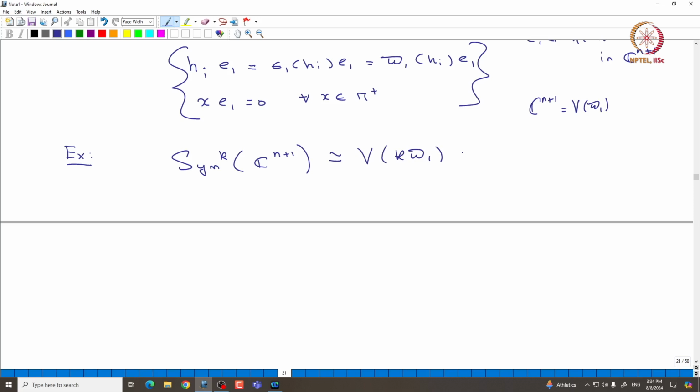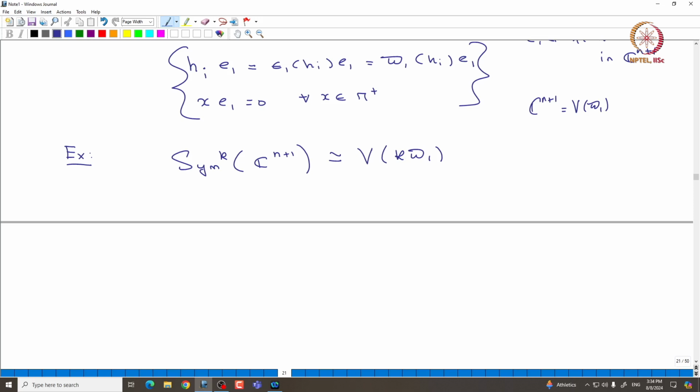So, what do we need to prove? We need to prove that Sym^k of C^{n+1} is just a highest weight representation corresponding to the highest weight k omega_1. Then from the theory, we know that it must be the irreducible representation corresponding to k omega_1.